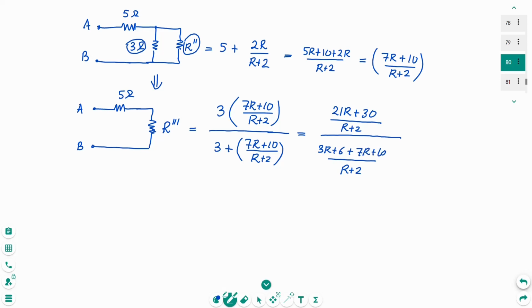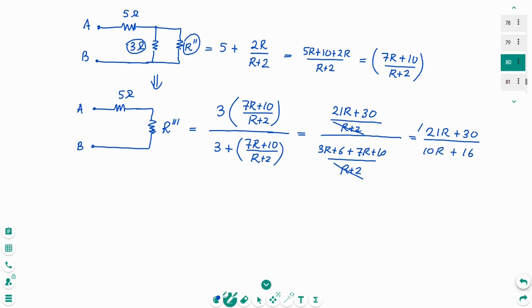Then you can see R plus 2 in the numerator and R plus 2 in the denominator, so they are going to cancel out, and then I will have 21R plus 30 divided by 10R plus 16.